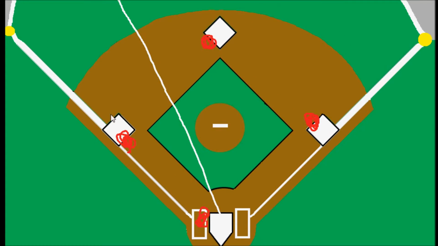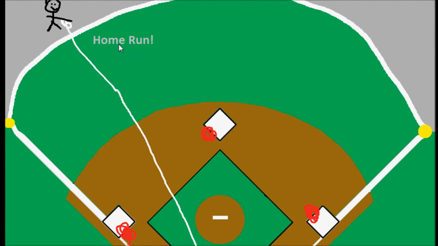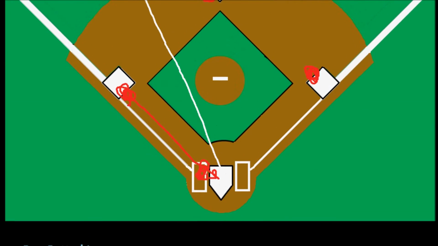So say rather than going over the fence here, this ball only went this far, and it was caught by the left fielder, and then this runner here tagged up and ran home. So the batter would be out and the run would score. That would be a sacrifice fly, and the batter would get credit for the RBI.